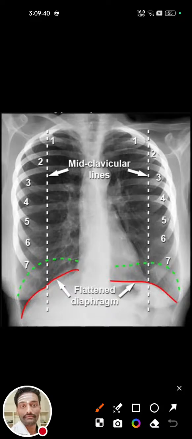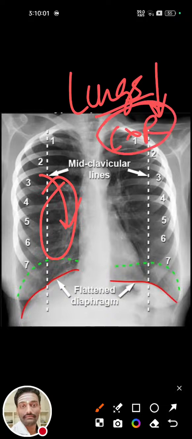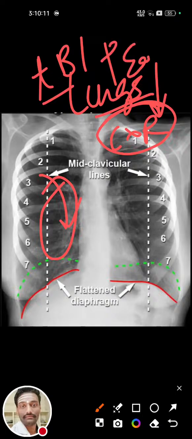Consolidation is seen in pneumonia, alveolar hemorrhage, pulmonary edema, and in lung cancer also, where a chest x-ray is a must. Also TB, pneumonia, pleural effusion. All these cases we will discuss in this live streaming video, so be connected with us up to the end.